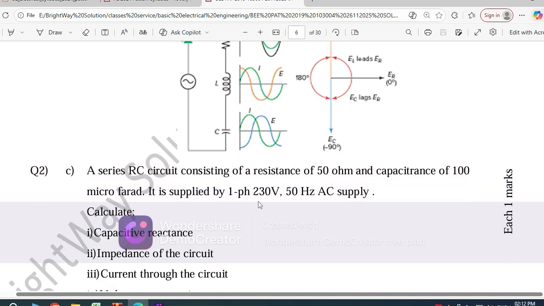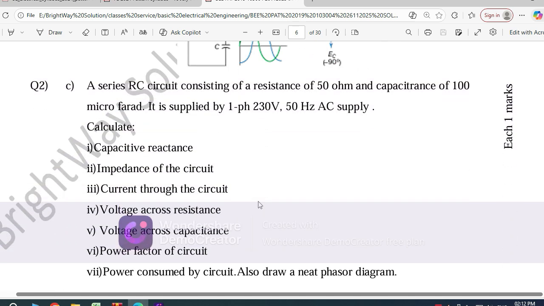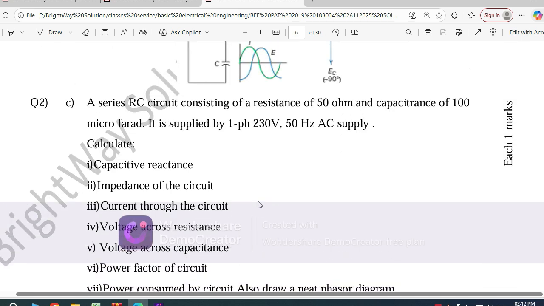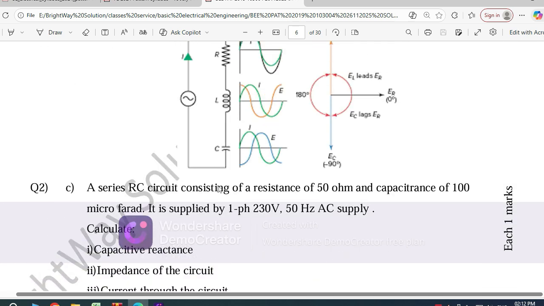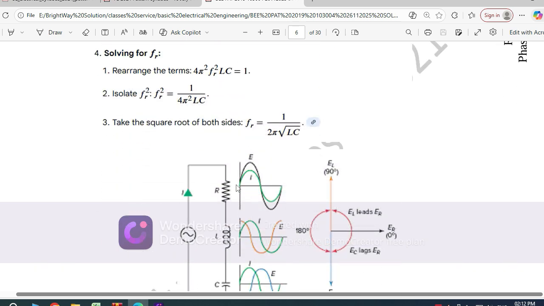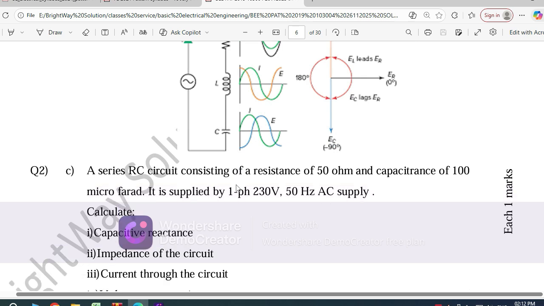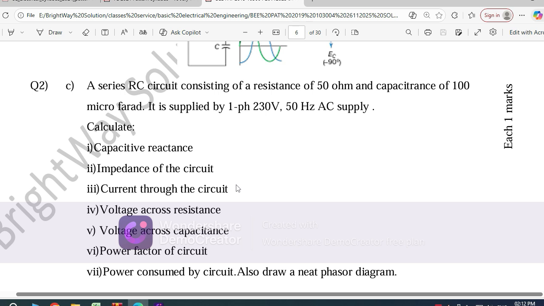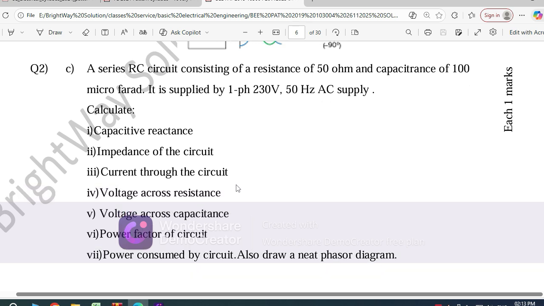Next, question number 2C, the 8 mark question. A series RC circuit consists of a resistance of 50 ohm and a capacitance of 100 microfarad, supplied from a single phase 230 volt, 50 hertz AC supply.